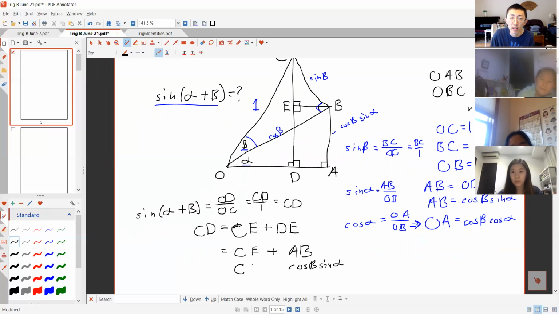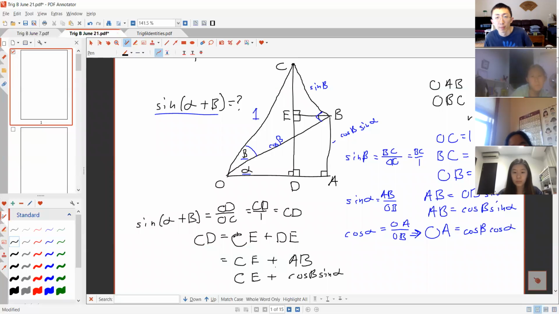So we just need to find CE. Okay, so we'll probably have to do something with the right triangle CEB. So if we know the angles in it, well, we'll be mostly done.